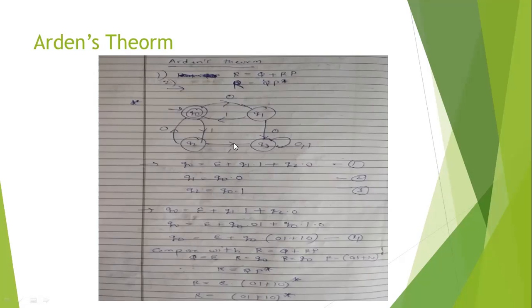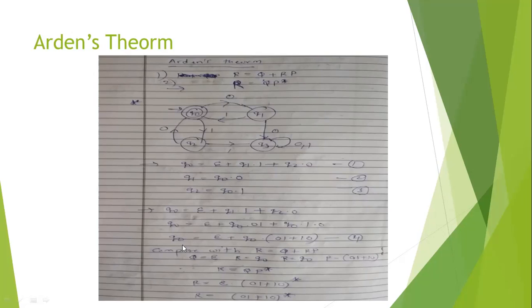Now can we compare this equation with R is equal to Q plus RP? Yes, we compare Q0 is equal to epsilon plus Q0 dot (01 plus 10) with R is equal to Q plus RP. What we get is Q is equal to epsilon, R is equal to Q0, and P is equal to 01 plus 10.